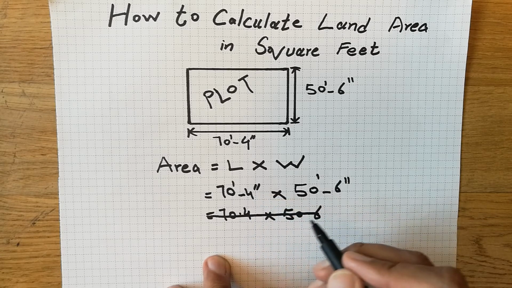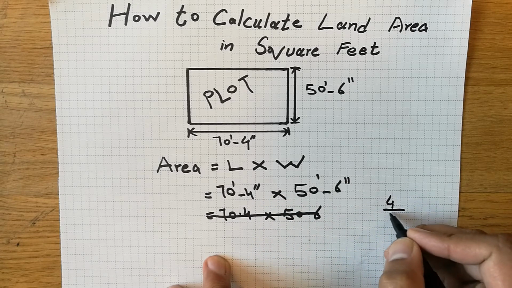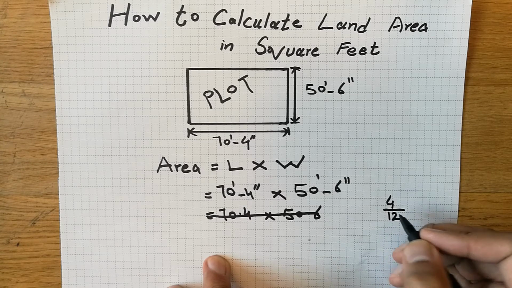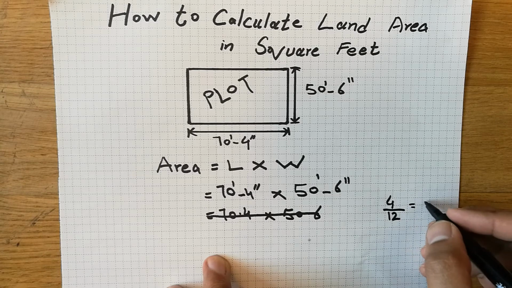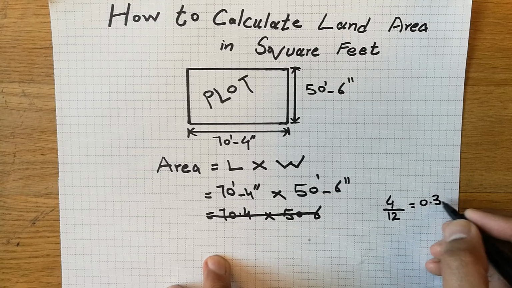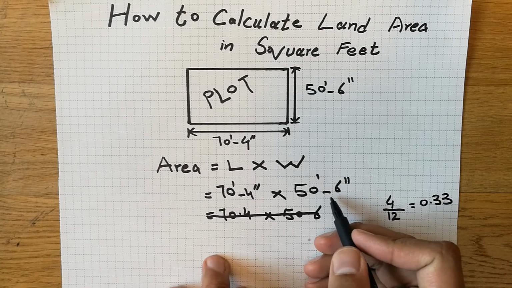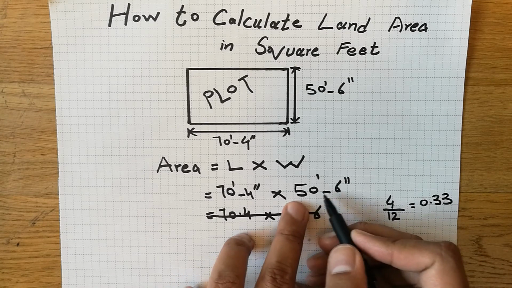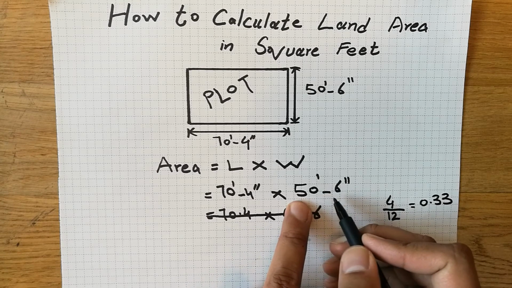So how can you do it? You can divide this 4 by 12. Okay guys, when you divide 4 by 12, your answer will be 0.33. And you have to do the same thing here, because this is feet and this is inches, so you cannot write it as 50.6.